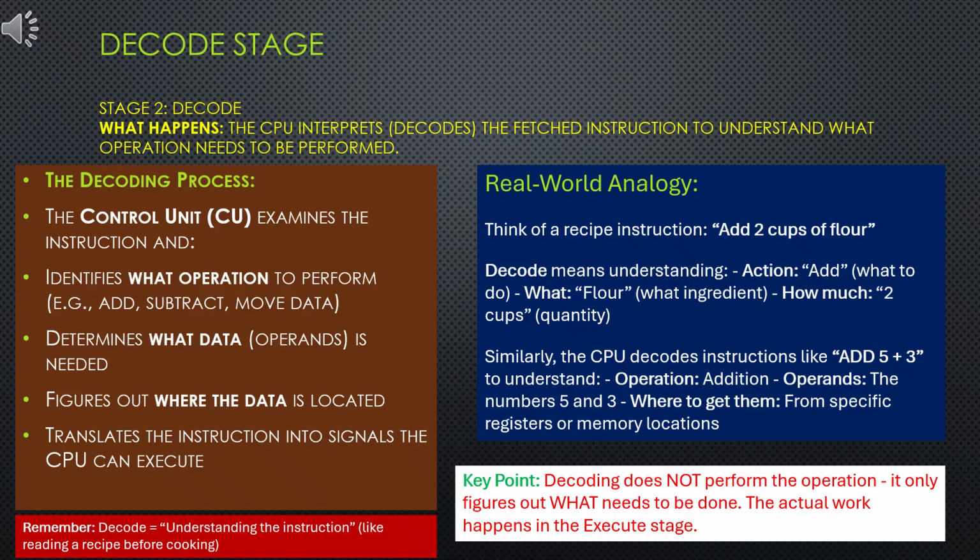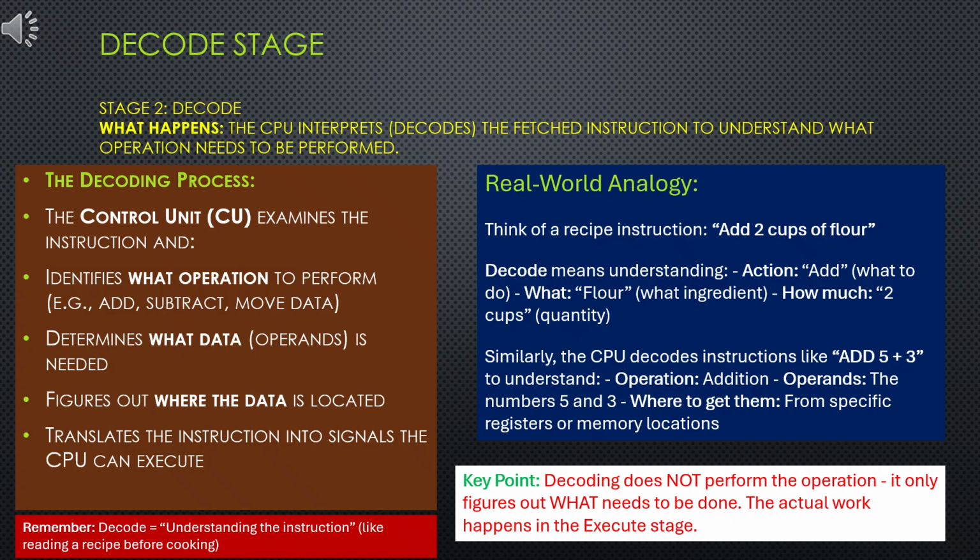Once an instruction is fetched, the CU breaks it down to identify two critical things. The opcode. This tells the CPU what to do. Is it an addition, a subtraction, or moving data from one place to another? The operands.